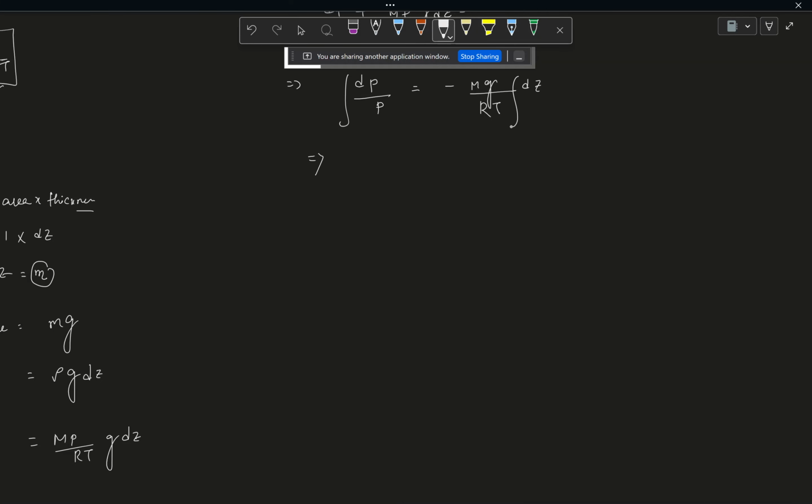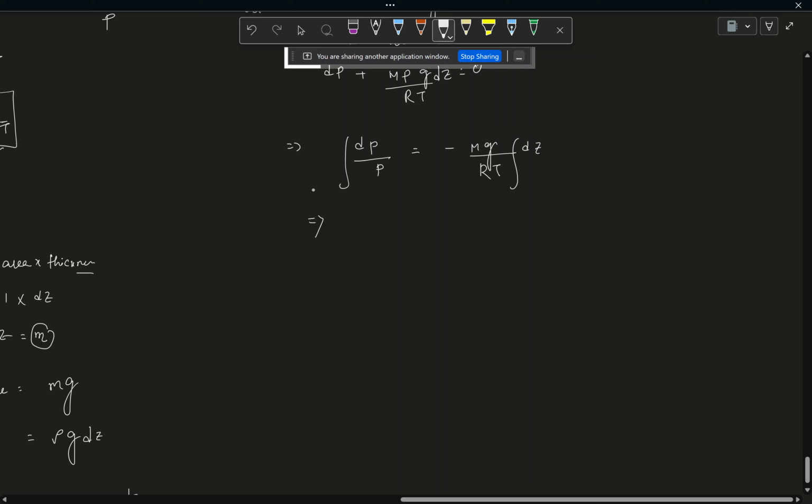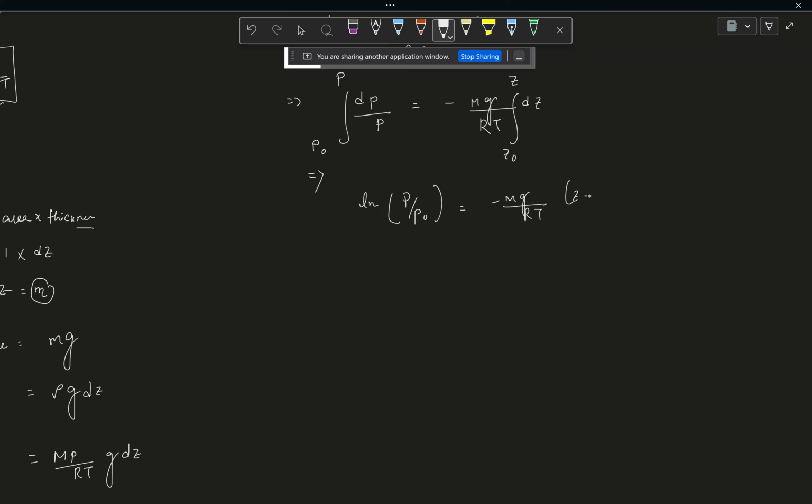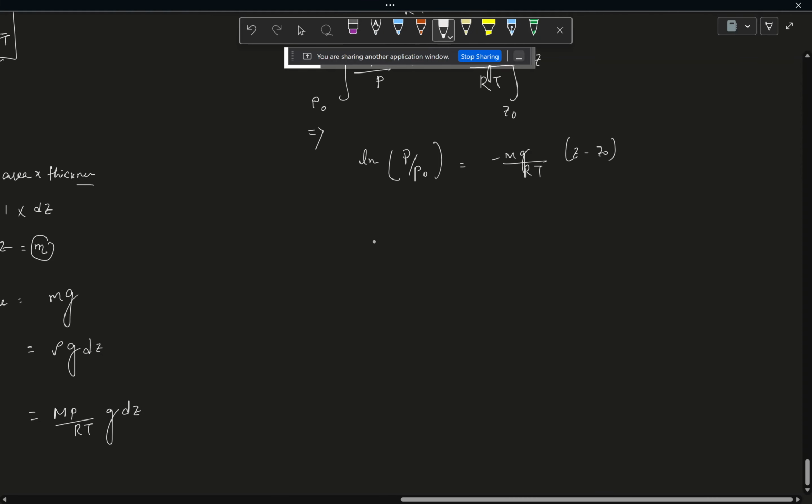We can take other constants outside, and for the integral limits you choose pressure from the initial pressure p naught to a final pressure p, and z from z naught to a final height z, because you are choosing only the vertical direction. So it will be simply ln of p by p naught equal to minus Mg by RT times z minus z naught.